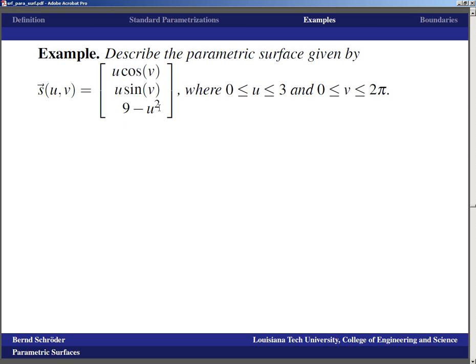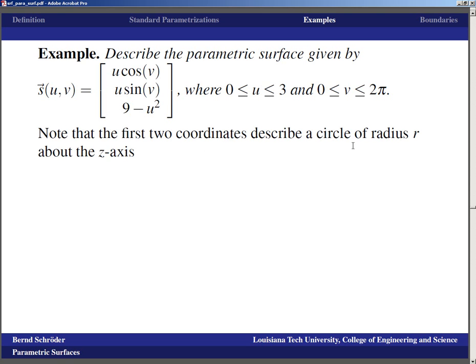So this is something with circular horizontal cross sections, symmetric around the z-axis, where the height is 9 minus the radius squared. For radius 0 we get a point at height 9, and as the radius increases we get larger circles that go down, so this ought to be something like a paraboloid.